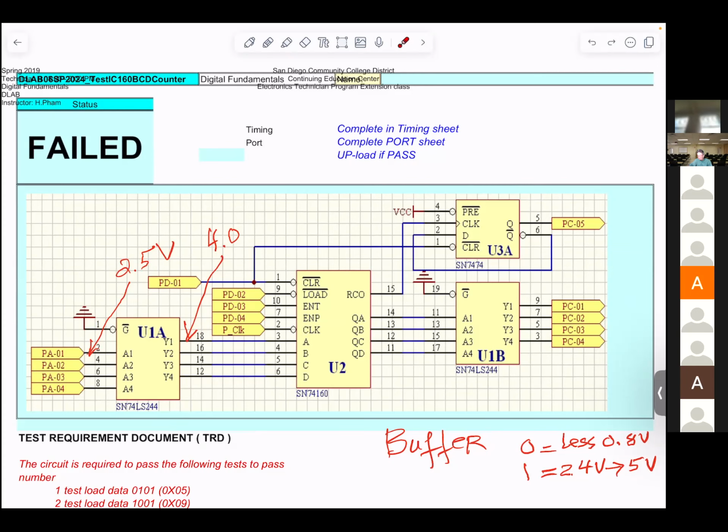What I am asking you: you measure the input pin number 2 and you get logic 1. When you measure the output pin number 18, you do not get 1. You can get anything, but not 1, meaning not over 2.4, 2.5 volt. Then you take the power pin 20 and make sure you get 5 volt.